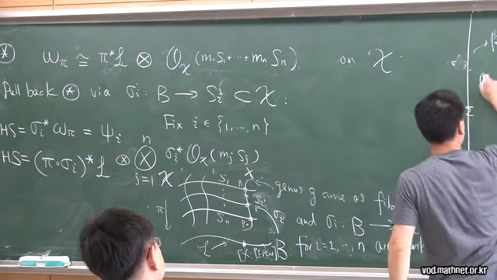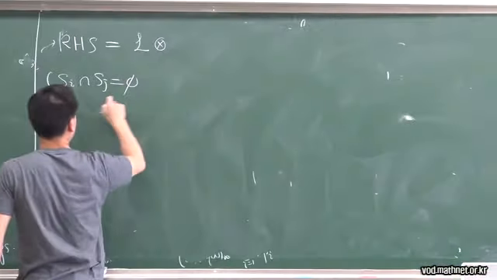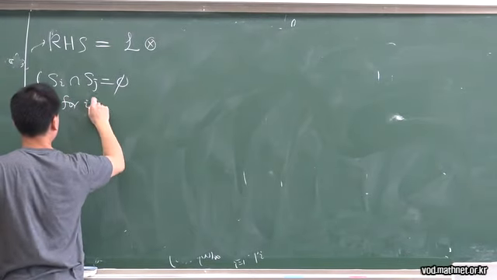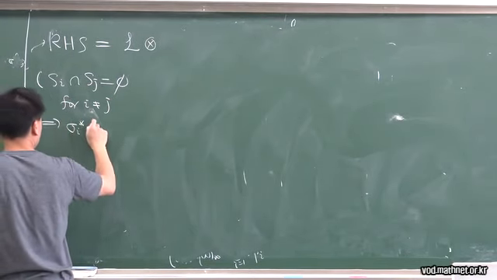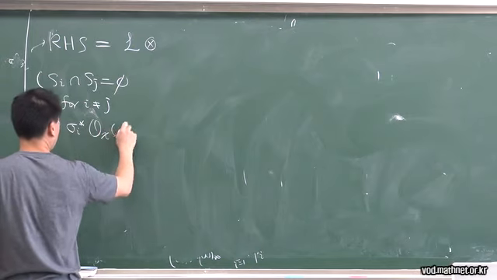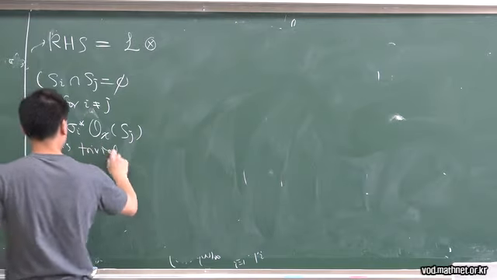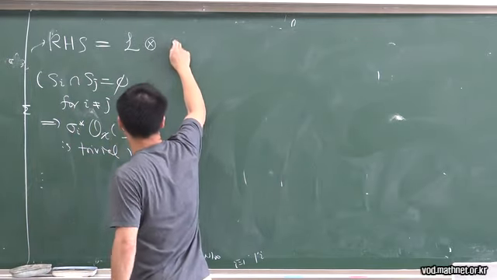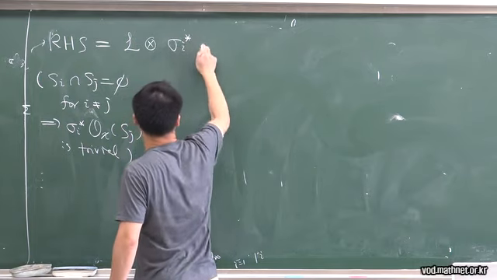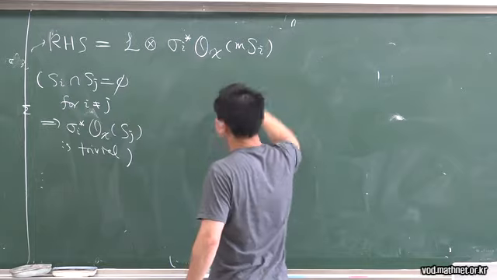So look, because Si intersect Sj is empty for i not equal to j, that tells us if I pull back O(Sj), I get trivial. So the only non-trivial thing left over here is one term: sigma i pull back of O_X(mi Si).